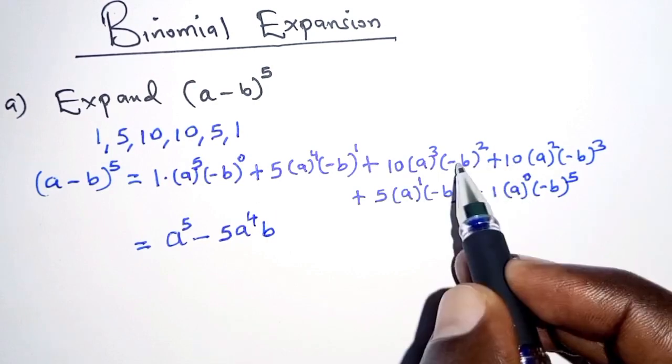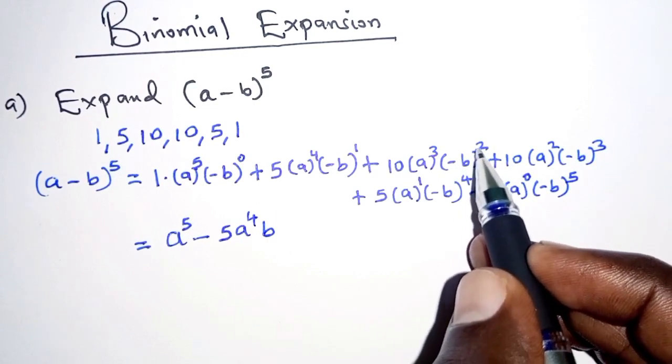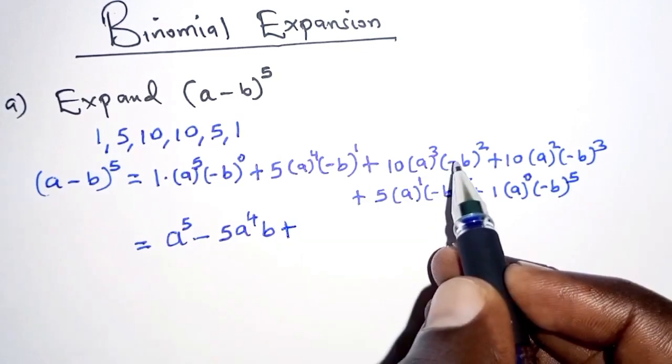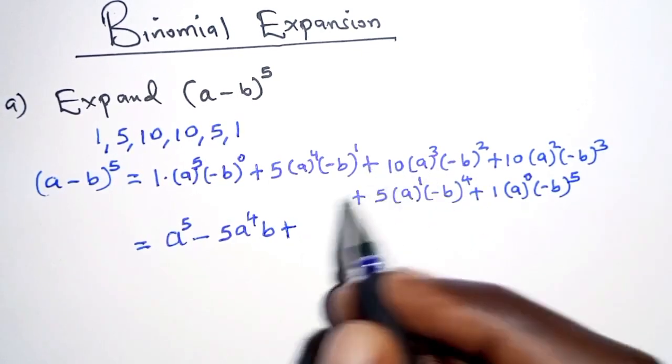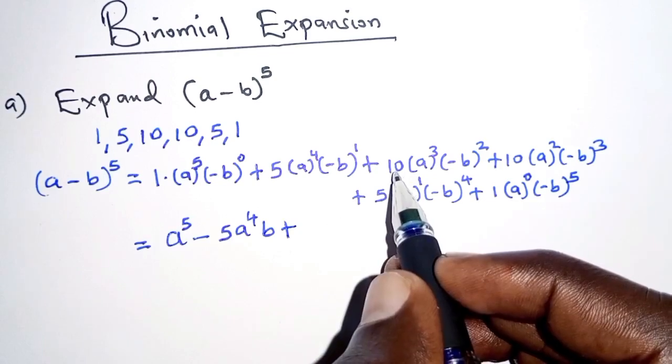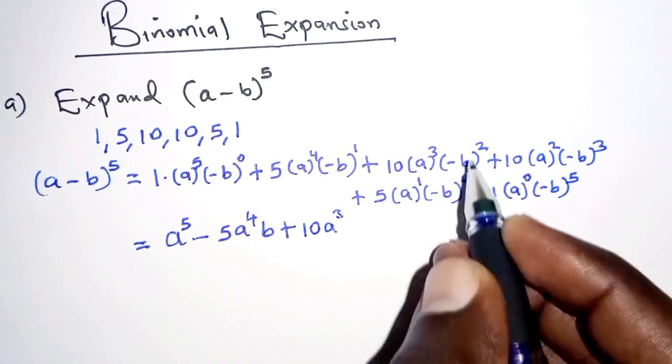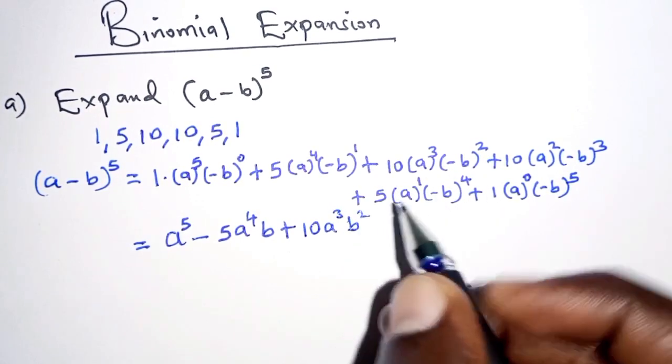For the next part, negative b is raised to an even power, which is 2, so the result is positive. Positive times positive is positive, so we are left with 10a^3b^2.